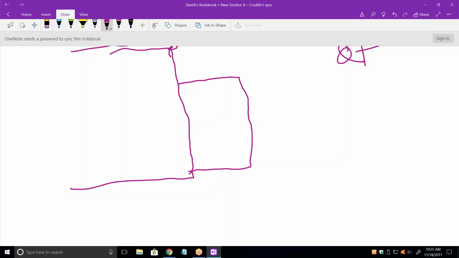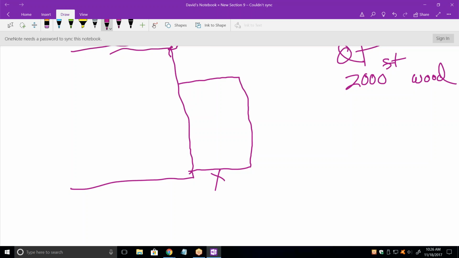We have 2,000 feet of wood. So the question is how do I build that corral to get the maximum area out of my 2,000 feet of wood? Well, let's set it up.